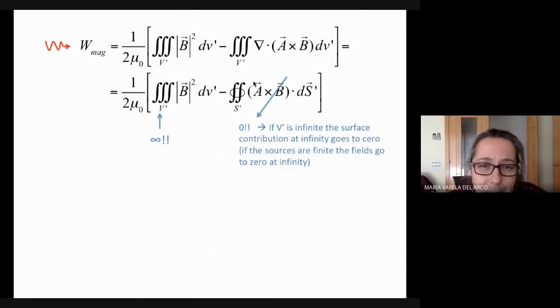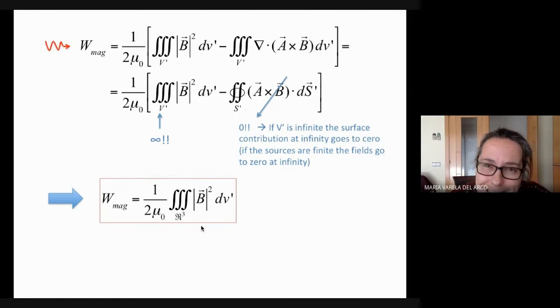But since the fields go to zero at infinity over S prime, this product is going to be zero just by construction, right? If the volume is infinite, the surface contribution at infinity goes to zero because the fields are zero at infinity. So the only term that remains is this one. The magnetic energy is 1 over twice mu naught, the volume integral for all of space of B squared.